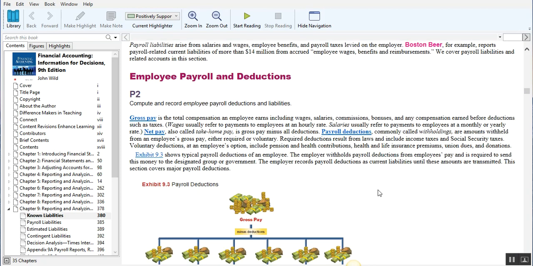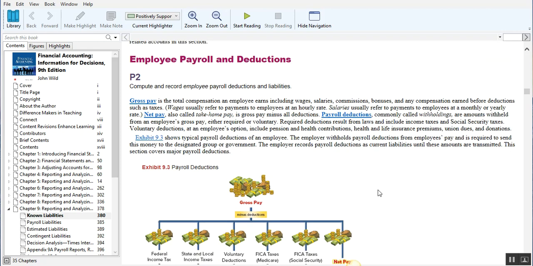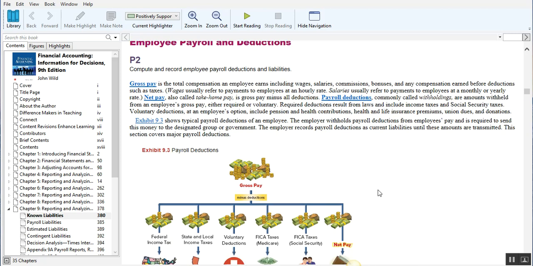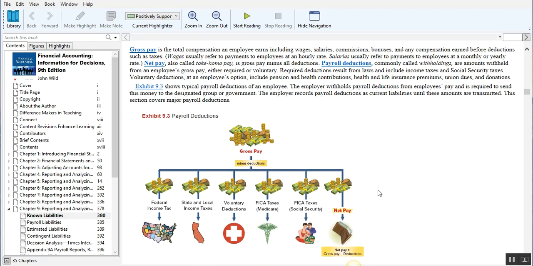With payroll liabilities, you're going to record the gross pay for your payroll for an individual. So you have an employee who will earn an agreed upon wage, and then that's the gross pay. And then out of that payment, you're going to record the liability for federal income tax, state and local income taxes, any voluntary deductions, FICA for Medicare, FICA for Social Security, and then the net pay.